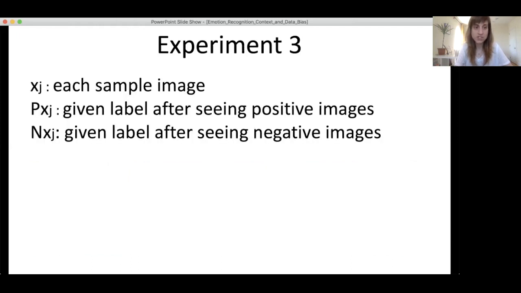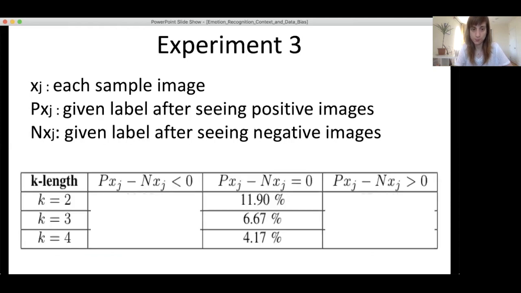So xj here represents each sample image. pxj means positive xj, so it's the label that you give to this xj image after seeing positive images before. And nxj is the label that was given to this xj example after seeing negative images before.